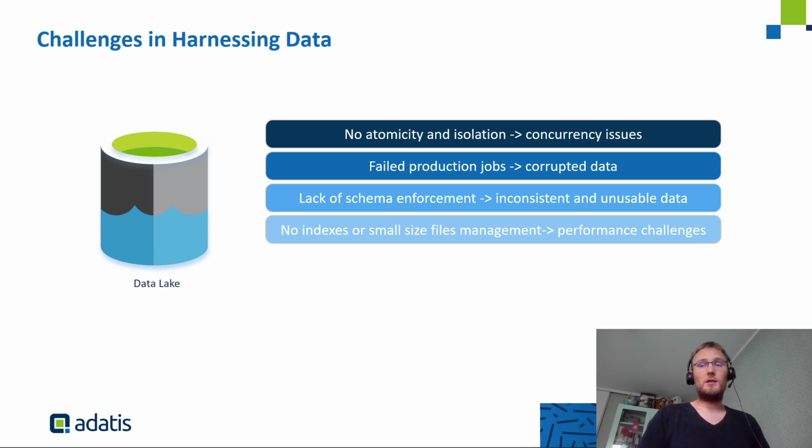We can't create any clustered index, nothing like this. In other words, it's very hard to build a reliable pipeline on a data lake, as we can do in relational database management systems like SQL Server.